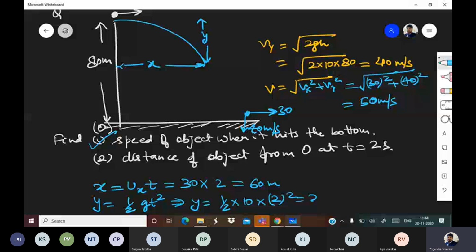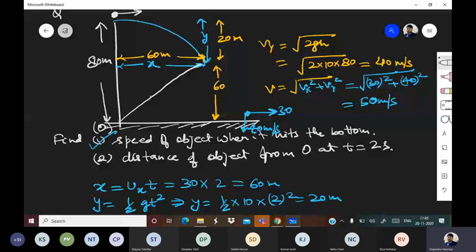Now pay attention. This value is 20 meters and this value is 60 meters. Correct? So how much will be this value? Total height is 80, so 80 minus 20 will be 60. So how much will be this distance?